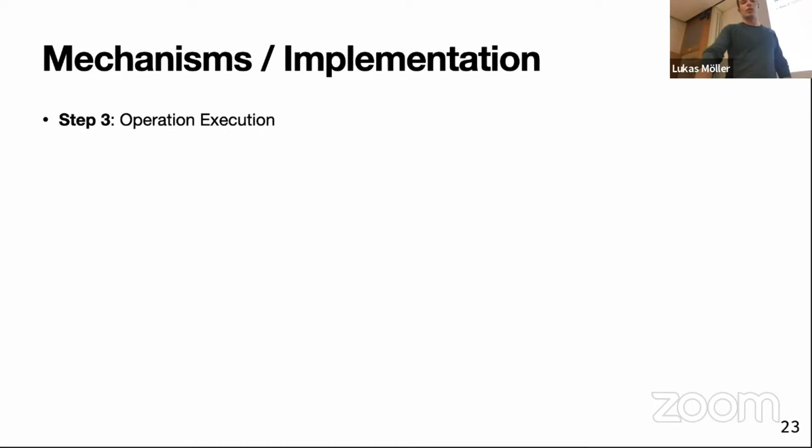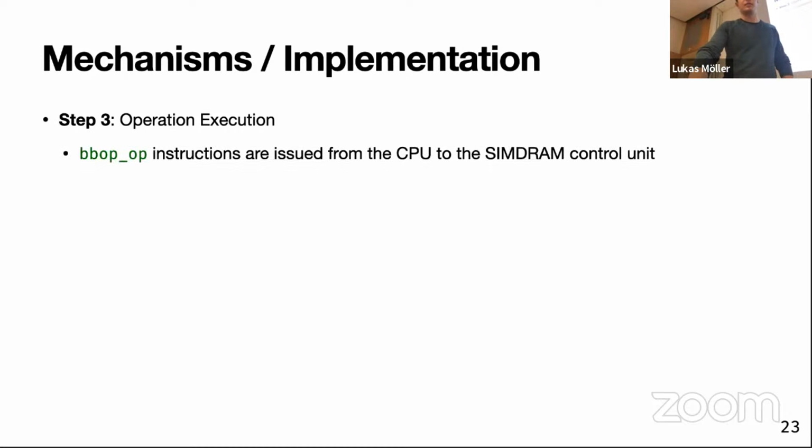Okay, let's see how operators are executed. When we introduce new ISA instructions, a so-called BB op is important here. When these occur on the CPU side, the instructions are issued to the SIMDRAM control unit.